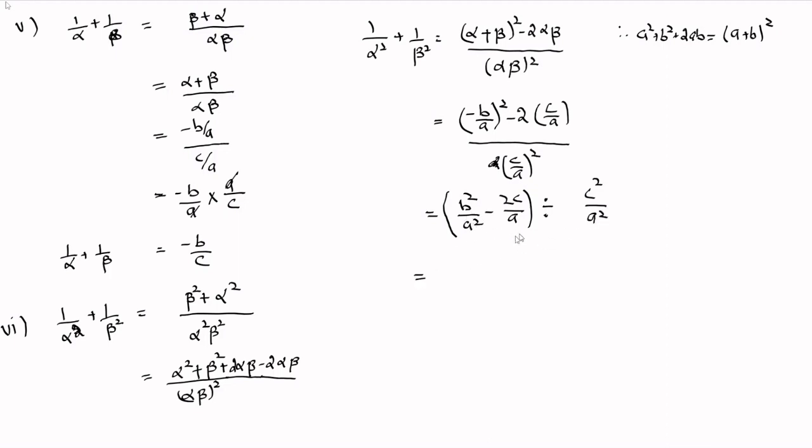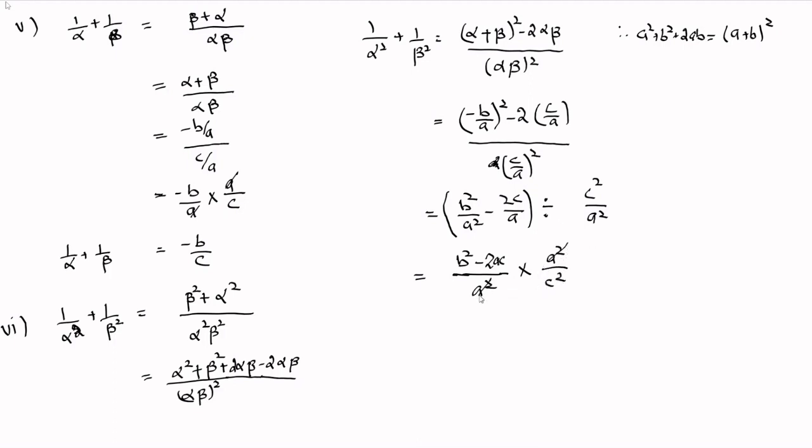So we have a square as the LCM. a square divided by a square is 1, 1 multiplied with b square is b square, a square divided by a is a, multiplied with 2c is 2ac, and when this division is converted into multiplication, the terms get reciprocal.